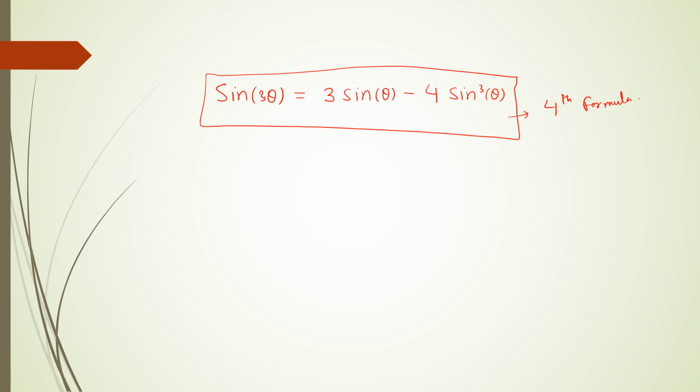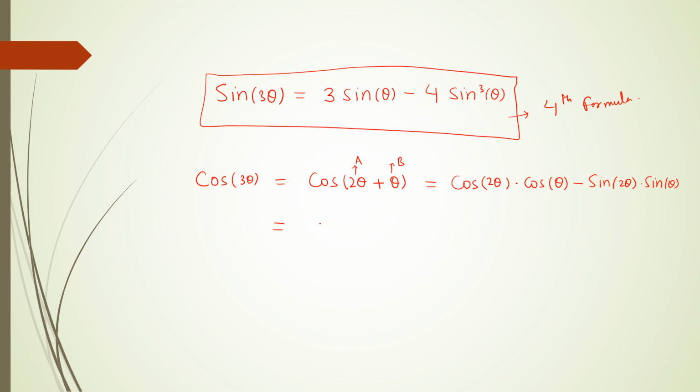Now we will go for cos of 3 theta. We can write it as cos of 2 theta plus theta, where 2 theta would be A and theta would be B. Then cos of A plus B is cos A cos B minus sin A sin B. So cos 2 theta into cos theta minus sin 2 theta into sin theta.